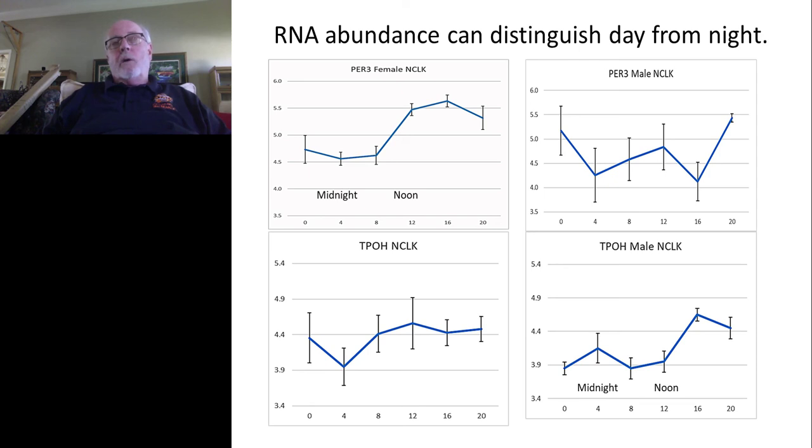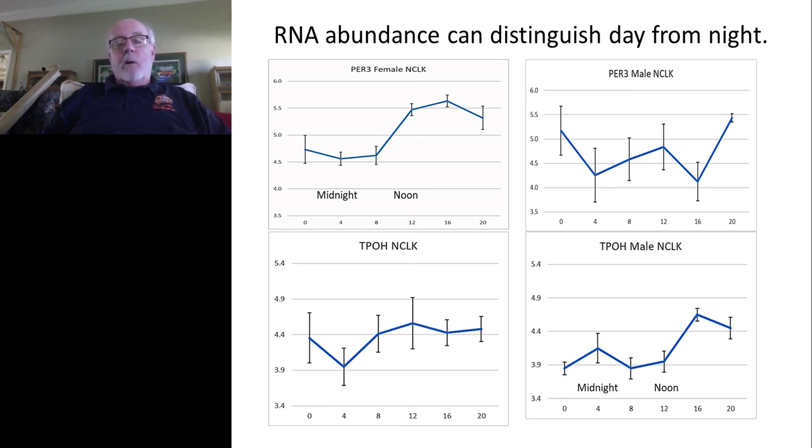So it's kind of interesting that there are such widely varying levels of gene expression for genes that have been suggested to be associated with the circadian rhythm, that in males for this particular gene, the rhythm is all over the place. However, if you look at that same transcript in females, you see fairly tight variability in the time points.